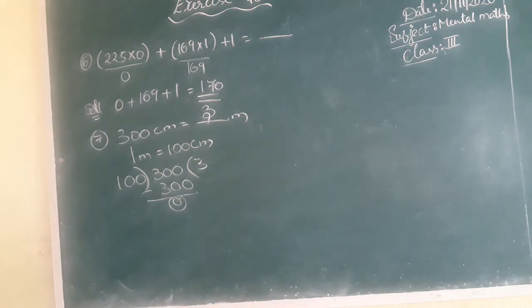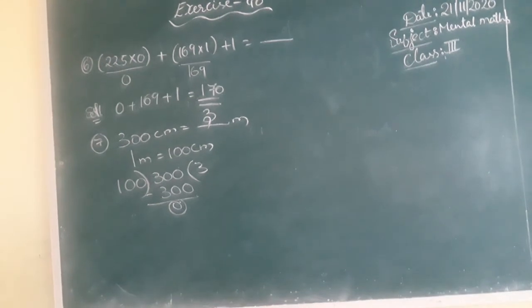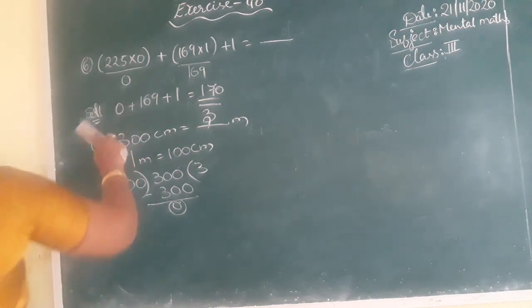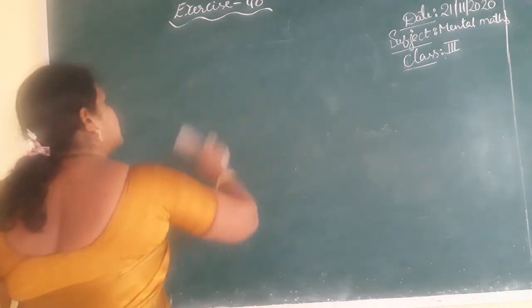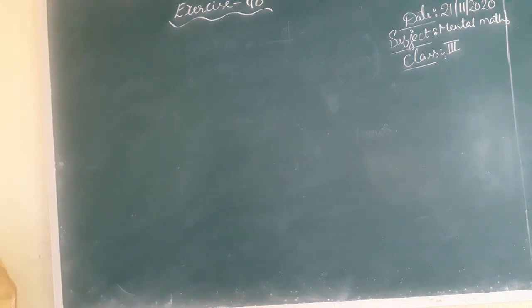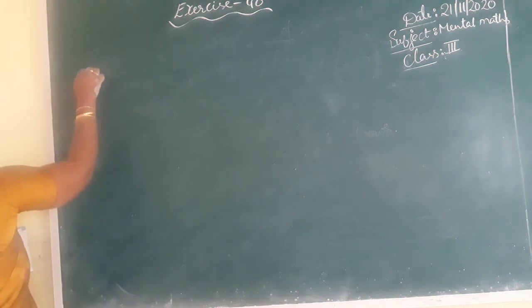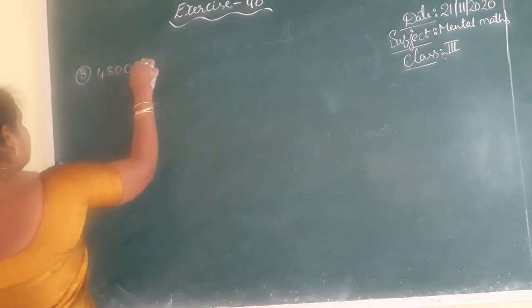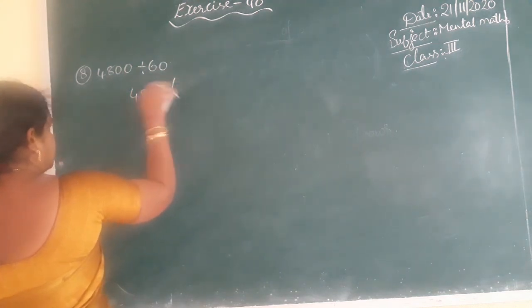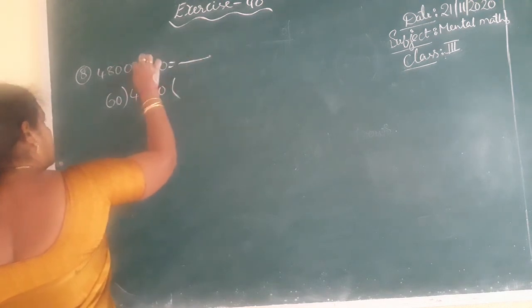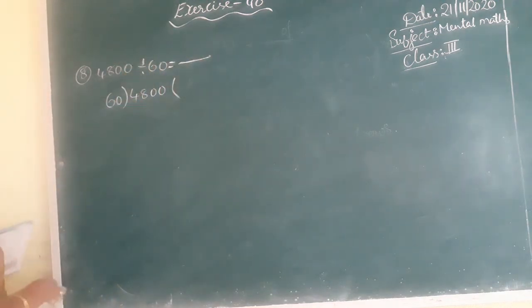See the eighth one. 4,800 divided by 60. 6 table 48, it is lesser than 60.